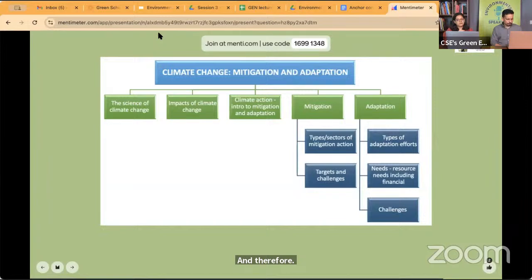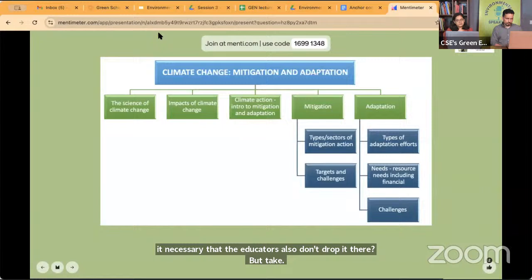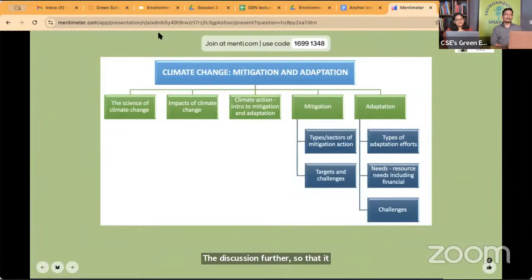But from that stage of awareness, is it necessary that the educators also don't drop it there, but take the discussion further so that it affects their everyday choices, whether it is the profession they choose or the type of lifestyle they choose to opt for, or their life goals also? Like, do you think it can have that kind of impact for an educator within the constraints we all work in, or is it something that is beyond the classroom?